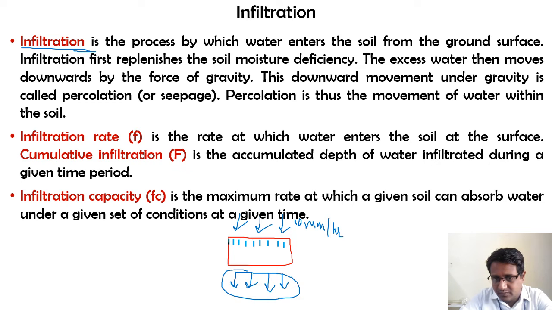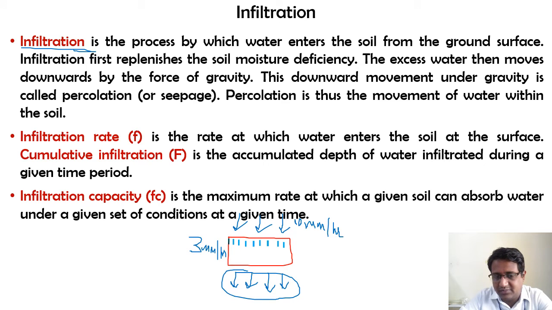Okay, and here this particular soil, imagine it has a capacity to take up that rainfall at the rate of, let us say, 3 millimeter per hour. So at that point of time, what will happen?